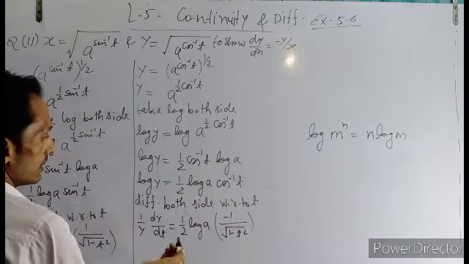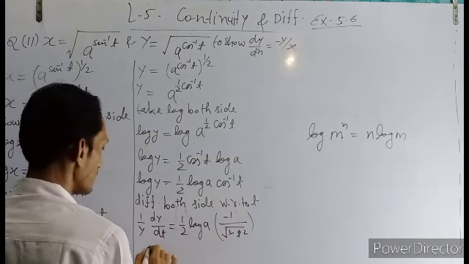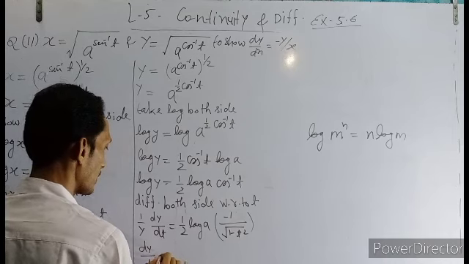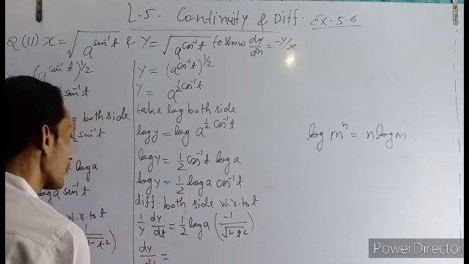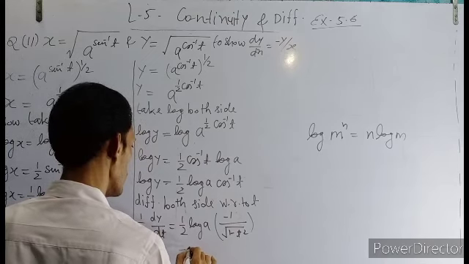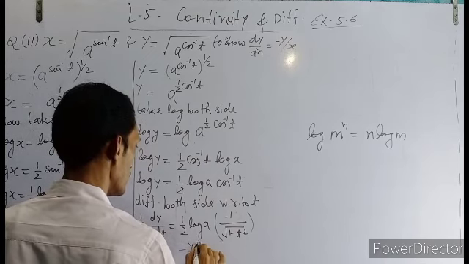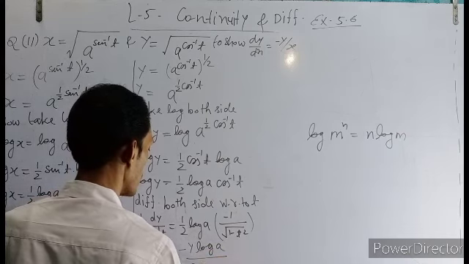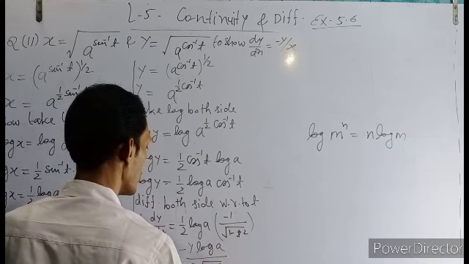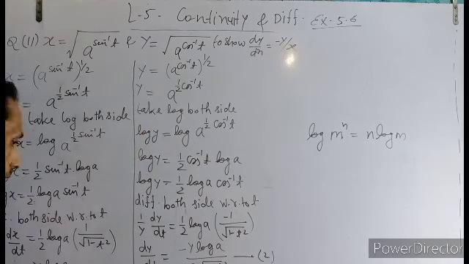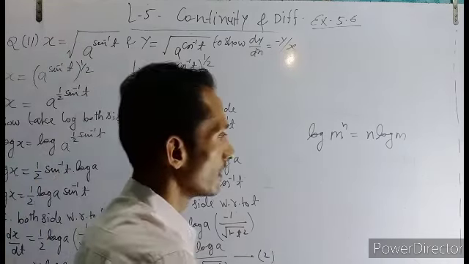So bringing the y here, dy by dt equals minus y log a upon 2 under root 1 minus t square. This is equation number 2. Now you can find dy by dx.